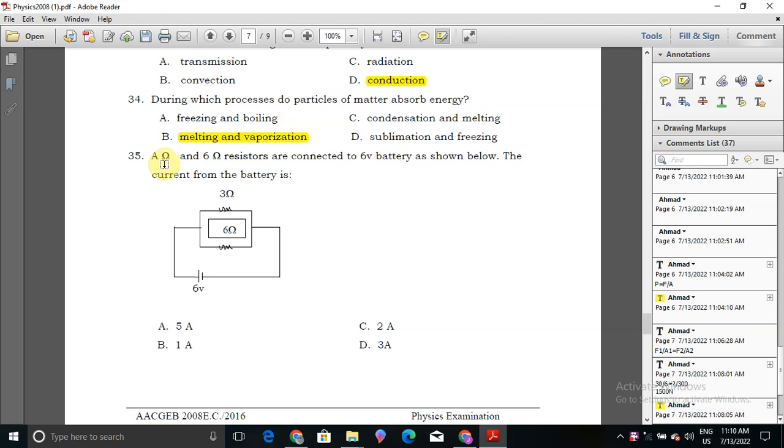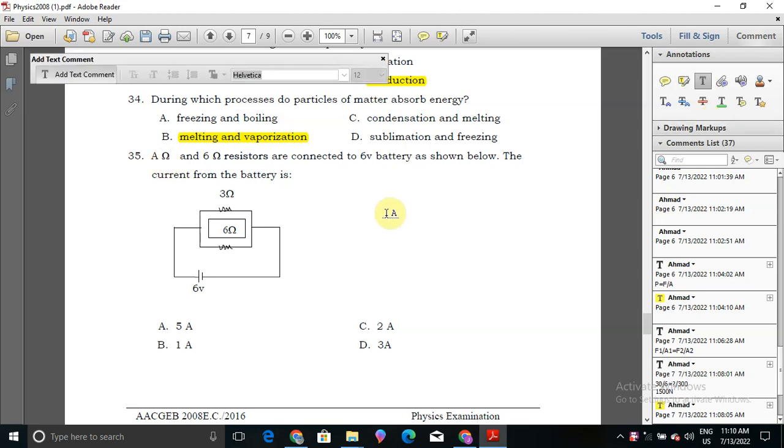First of all, if you make the formula, that's 1 over R is equal to 1 over R1 plus 1 over R2.